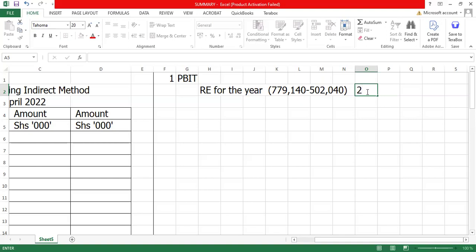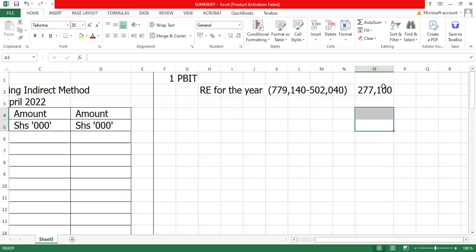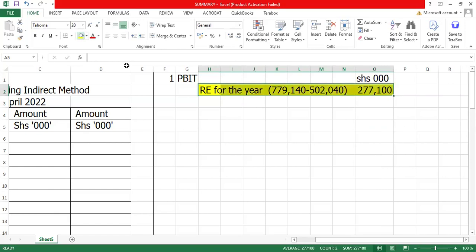Yeah, 277,100, she's right. Okay, then remember this retained earning. You get that retained earning from profit after tax, and after declaring the dividend.